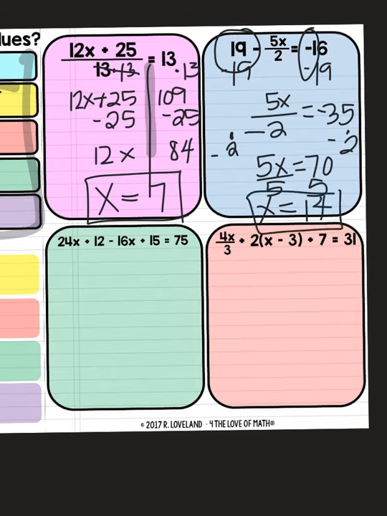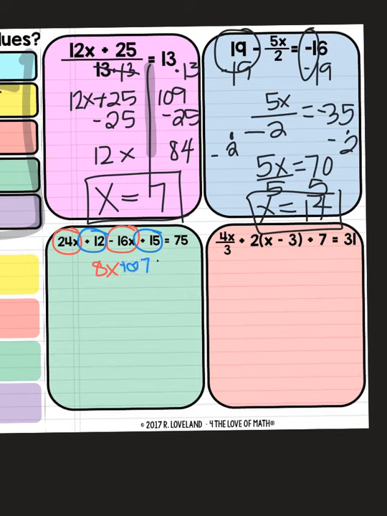Okay. Look at the green one. What's happening with the green one is I have some terms that I need to combine. Do you notice that this 24x and this negative 16x kind of sound the same? I need to combine those. So I'm going to take 24 minus 16, and I end up with 8x. I can also take this 12 and this 15 and combine them to get plus 27.